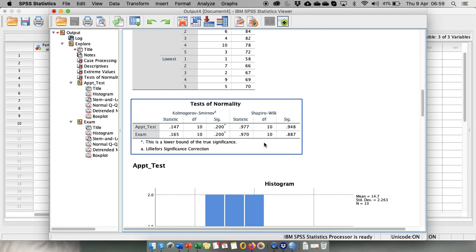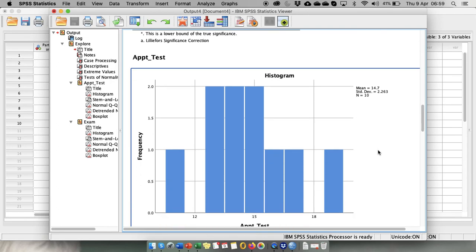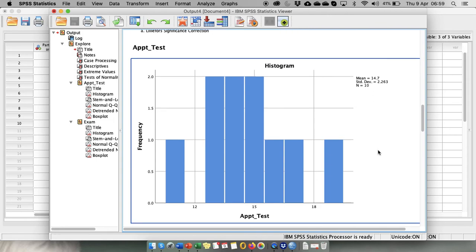So you want these tests to be not significant. The third point of examination is we want to look at the histogram.